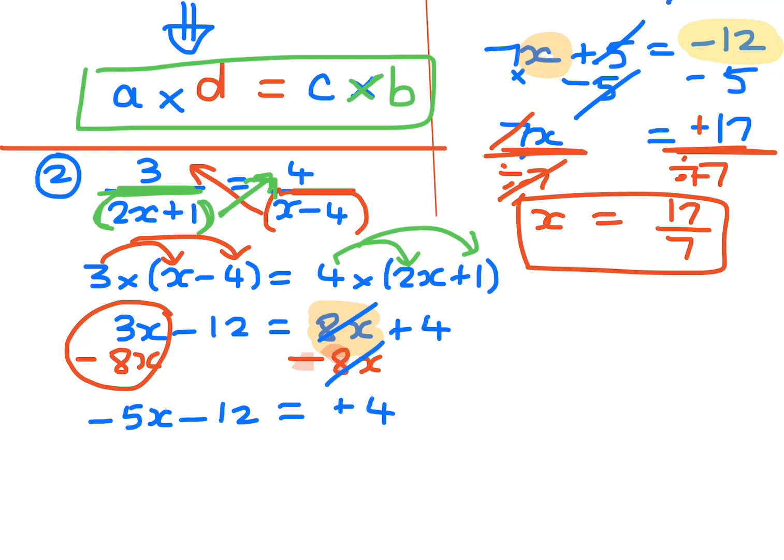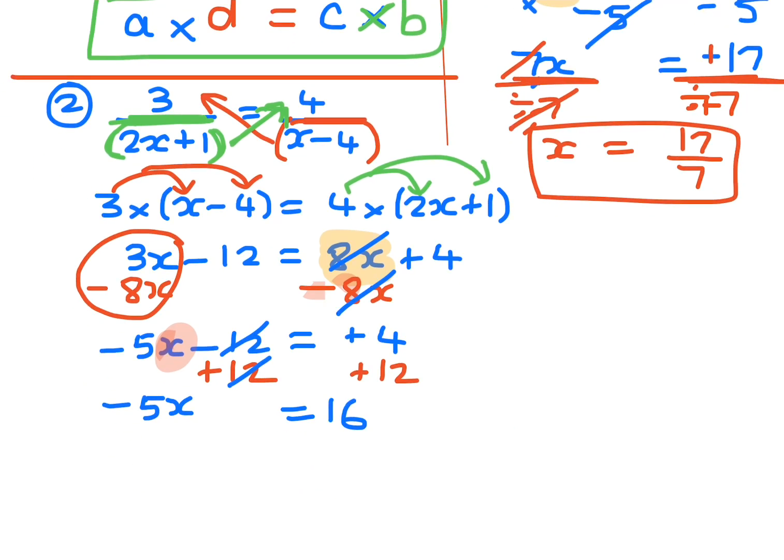Okay, so remember we're trying to get to our prize. Our prize is the x here. We get rid of the thing furthest away from the x first, which is the minus 12. So we go plus 12, plus 12. Then we end up with minus 5x; the 12s go out because we did the opposite sign, so they cancel. 4 plus 12 is 16.